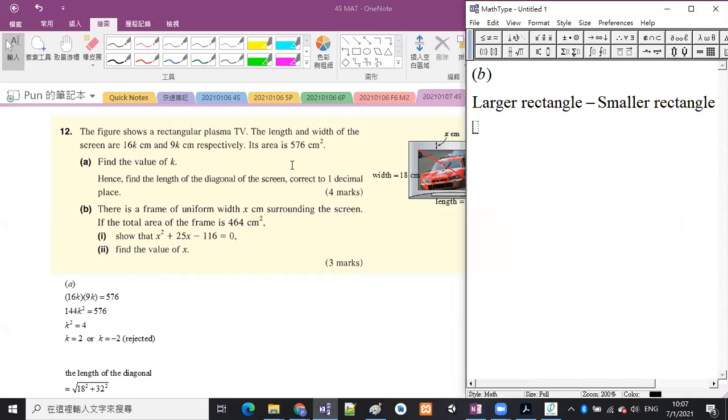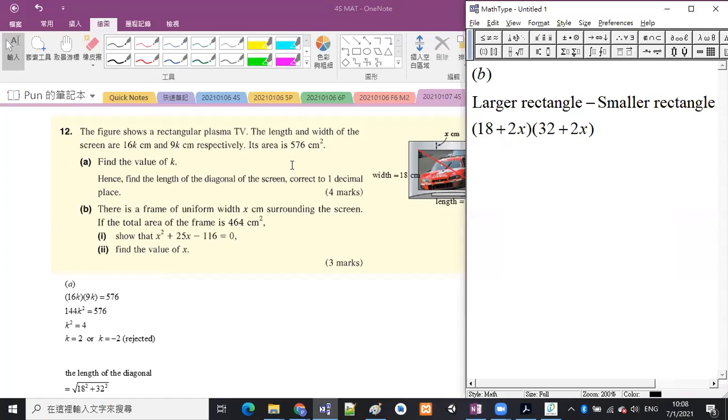Can you get this? But what is the area of the larger rectangle? It should be equal to 18 plus 2x times 32 plus 2x, okay? Because the whole width is equal to 18 plus the 2 uniform widths x cm, one up, one down.